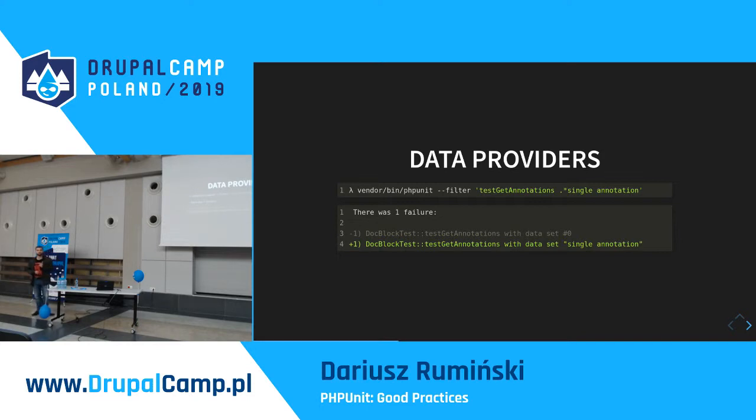Imagine we would read something from a file in a data provider. We have 10,000 cases, each of them reads a dedicated file. We would have 10,000 I/O operations on the hard drive, even if we would filter to execute only one of them. So for such cases, just keep only the file name in the data provider and move the heavy logic into the test method itself.